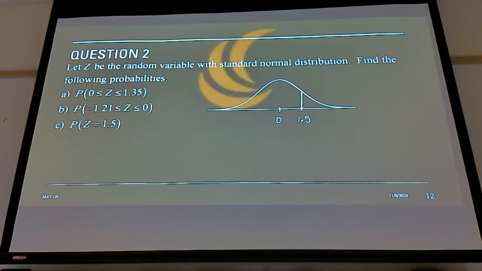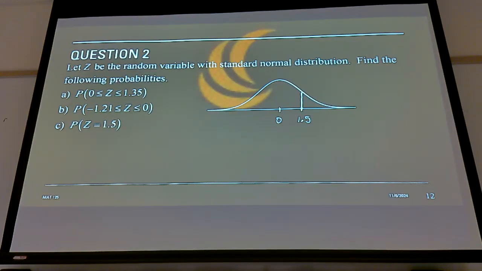Equals 1.5 is just that line, isn't it? Does a line have area? This probability is 0. Now on a test, we would have to write that if the equation comes up like that.